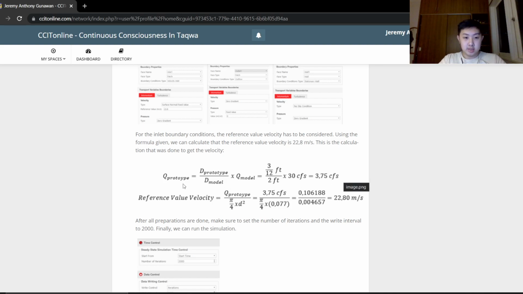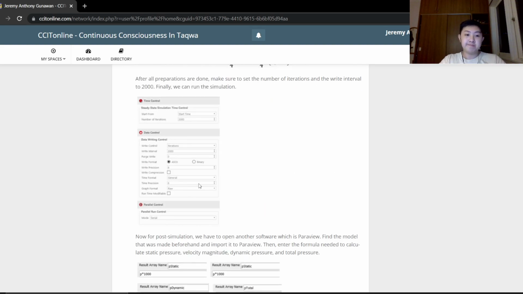So we'll change the Q model into the Q prototype, and then we can count the reference value velocity by dividing Q prototype by the area, which is pi divided by 4 times the diameter squared, with a diameter of 0.077, and then we get 22.8 meters per second.